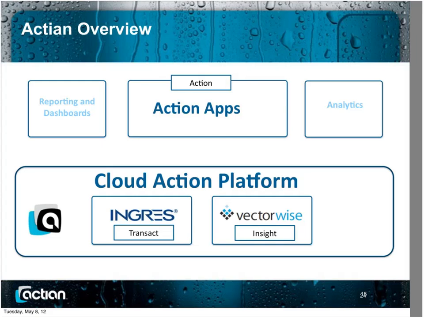The Cloud Action Platform is a set of technology which includes both the Ingres transactional database as well as the VectorWise analytical database. It enables people to execute now, in the moment, and take action on analytics as it happens, as opposed to sitting at a dashboard and watching it all day.